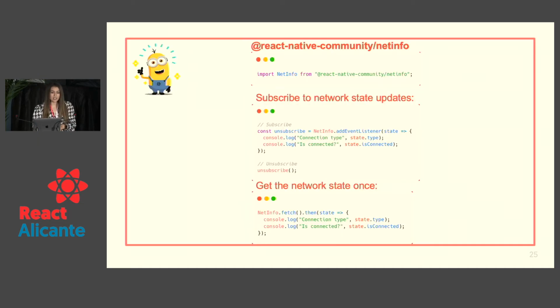So my tip for that is to check the React Native Community NetInfo package. That is a package that provides information about the user's active network connections and connectivity status of their mobile devices. It is great for covering connectivity cases, and it also identifies the user's connectivity type. You can check if your user is using Wi-Fi or a mobile network.